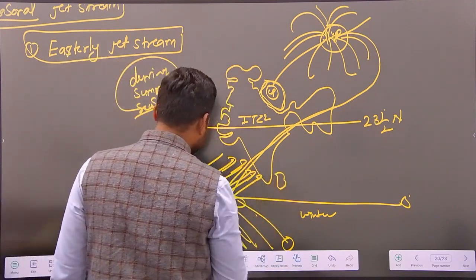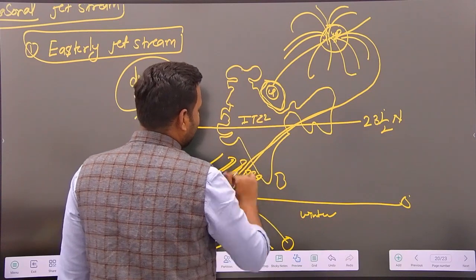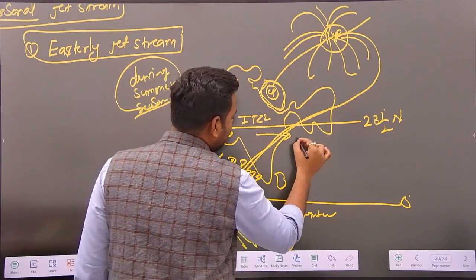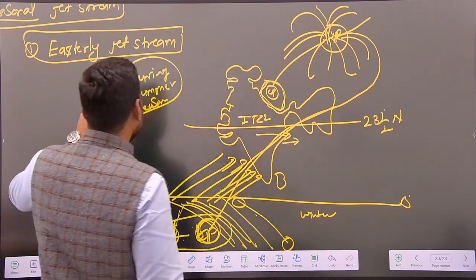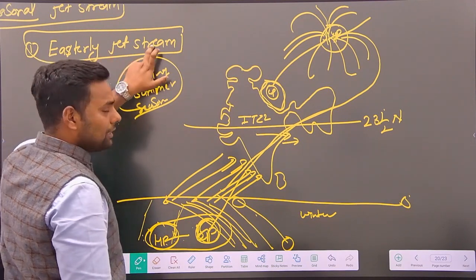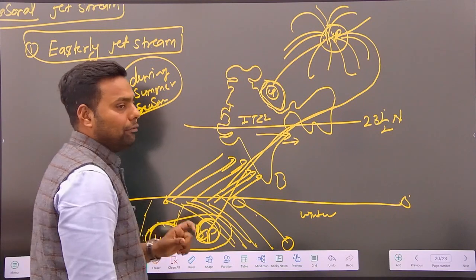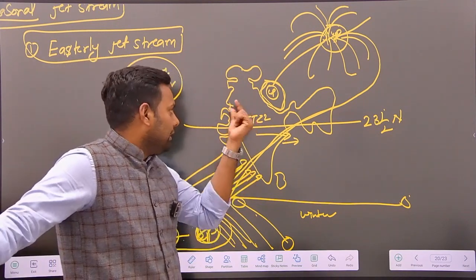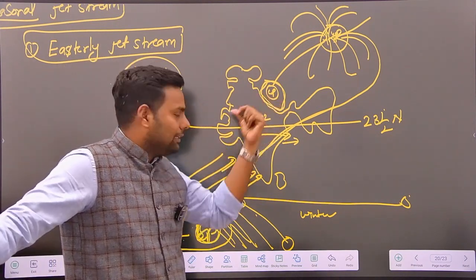Due to this, the Indian subcontinent receives more rainfall during the summer season through the easterly jet stream. That is why we give this tag to the Tibetan Plateau.